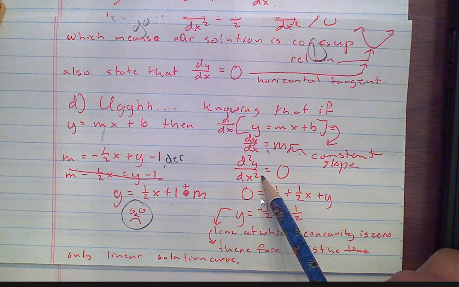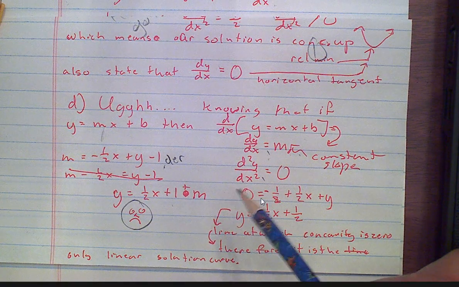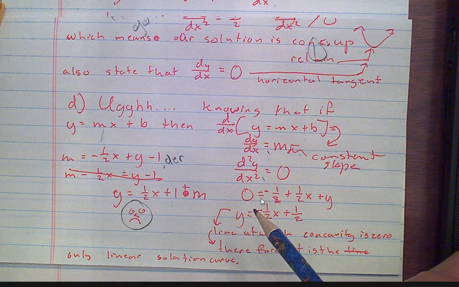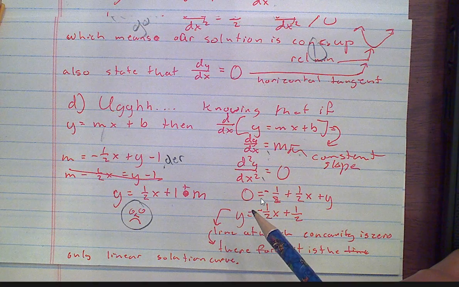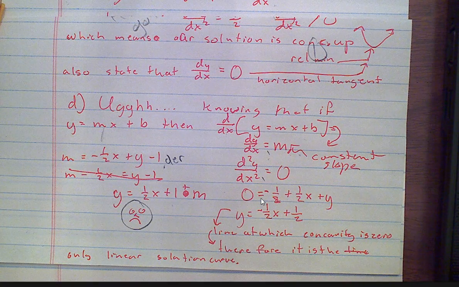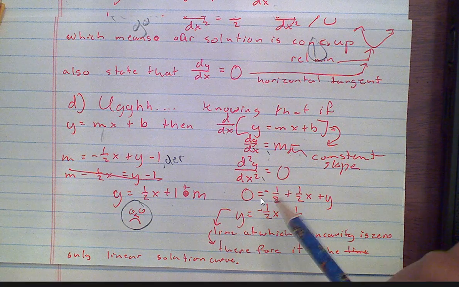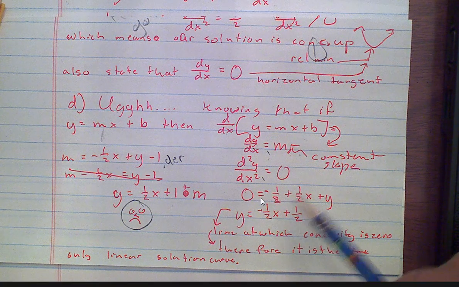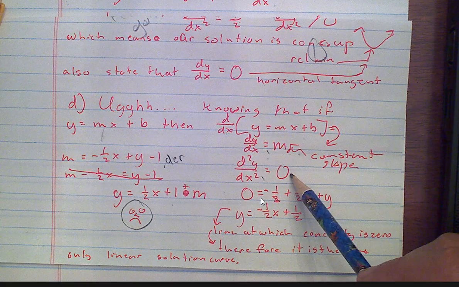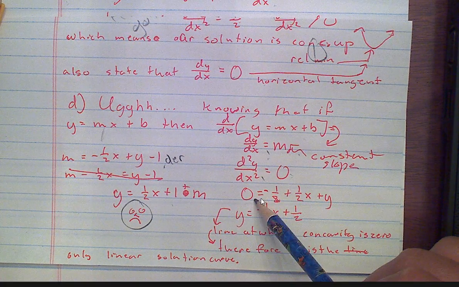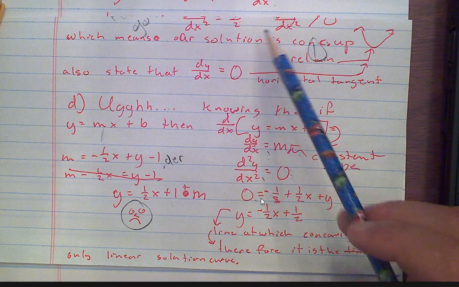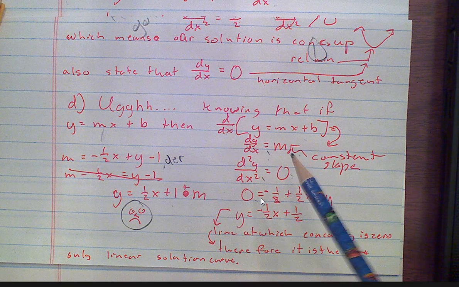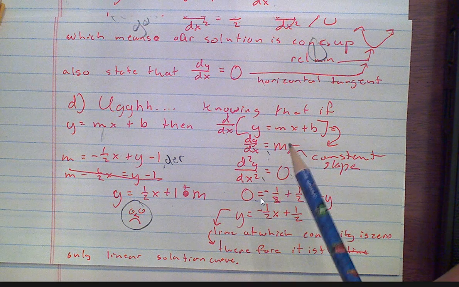So I said, what formula can I concoct based on knowing the double derivative is 0? Well, if the double derivative is 0, then the double derivative, which we've already found in the previous section, is this.